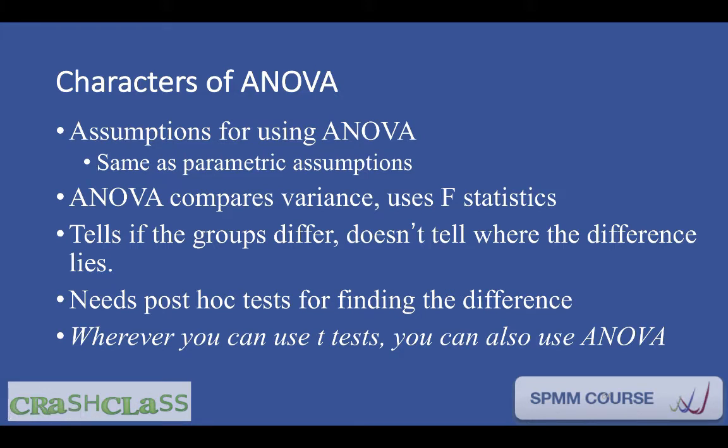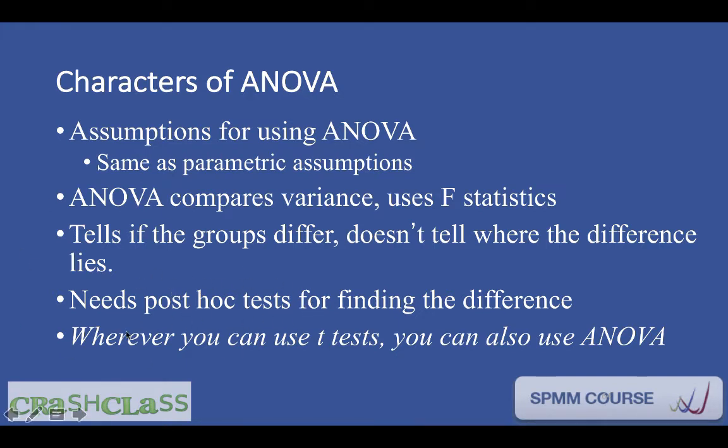It says if the groups are the same or different. It doesn't tell you where the difference comes from. Does it come from the difference between groups 2 and 3, or 3 and 4, or 4 and 5? That you won't know when you do ANOVA. So to understand where the difference comes from, you have to do a post hoc test. Post hoc tests are usually t-tests.